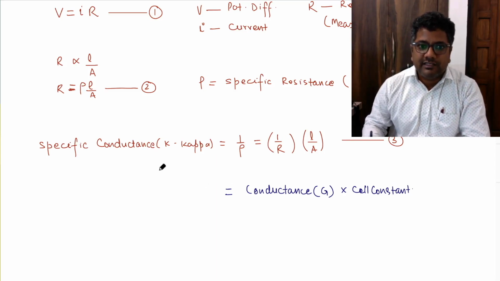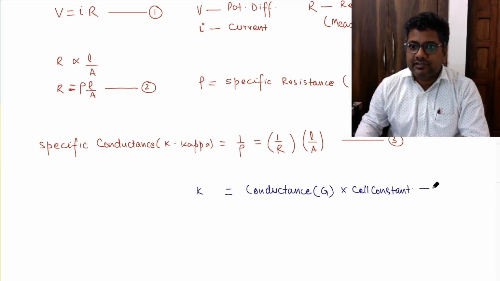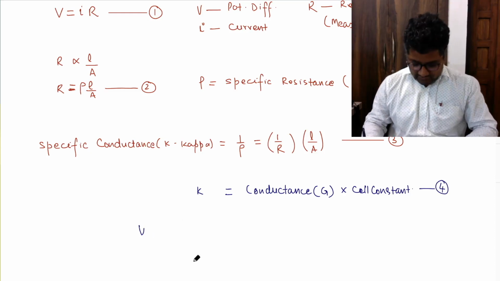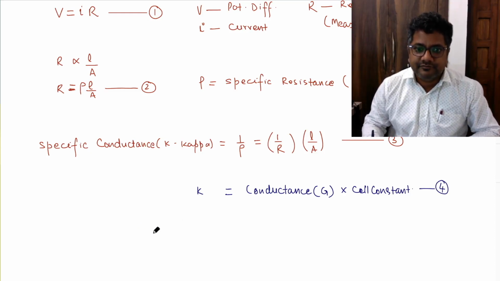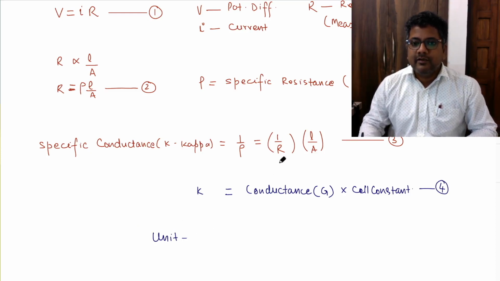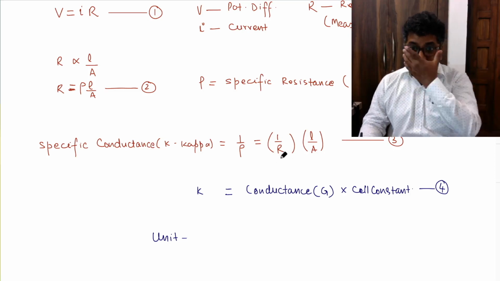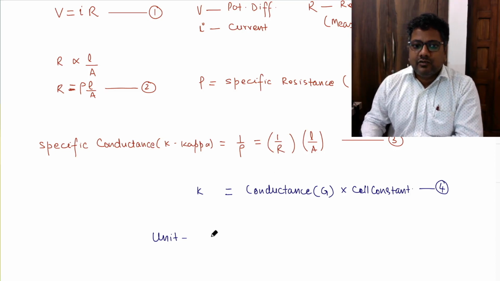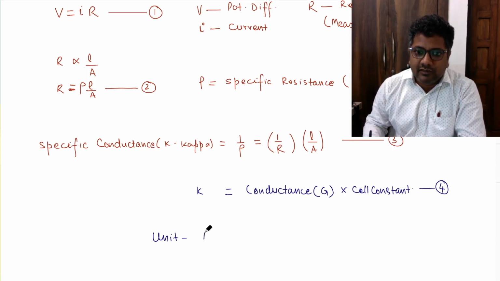So kappa is the specific conductance, kappa equals this equation 4. And what is the unit of this? The unit of kappa is that of 1 by R, the conductance, into L by A. We have different units, but you can write ohm inverse.